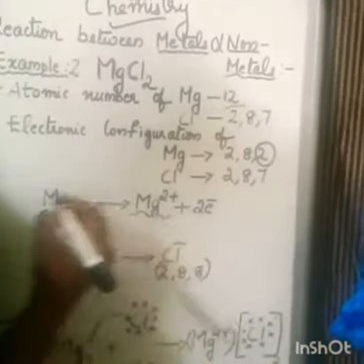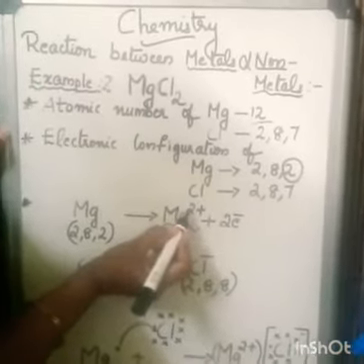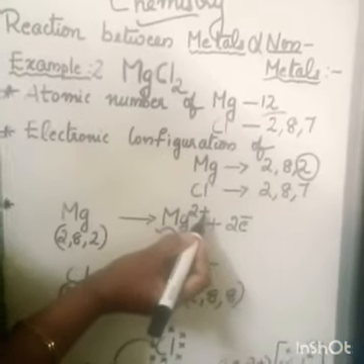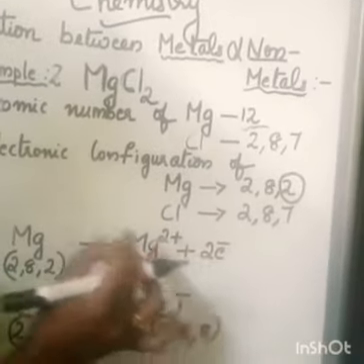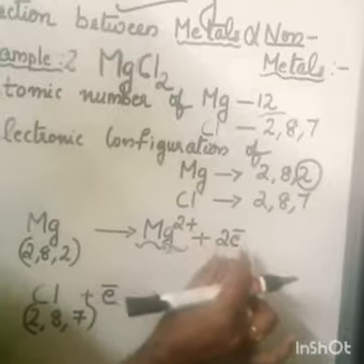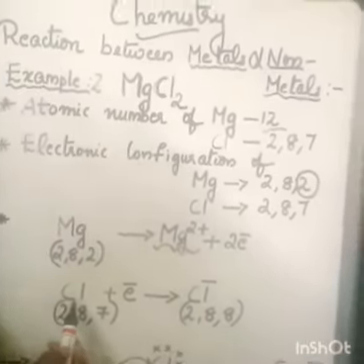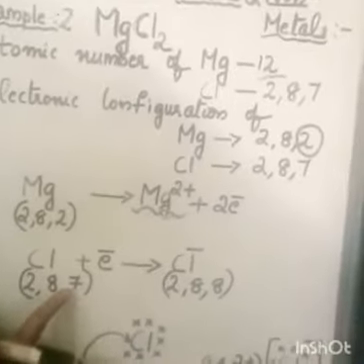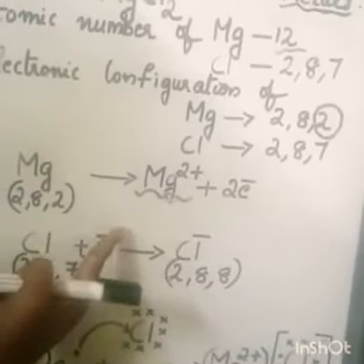Mg is a positive ion, so it loses 2 electrons, and we write it as Mg2 plus. It is a cation. Magnesium has to give these 2 electrons to other elements, but as you know, chlorine needs only 1 electron to be stable. It cannot receive these excess 2 electrons.